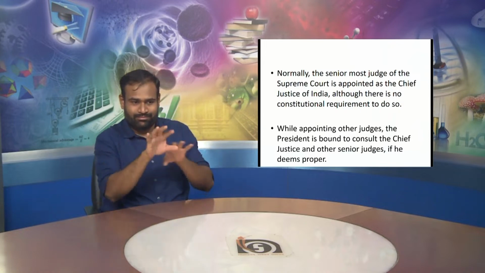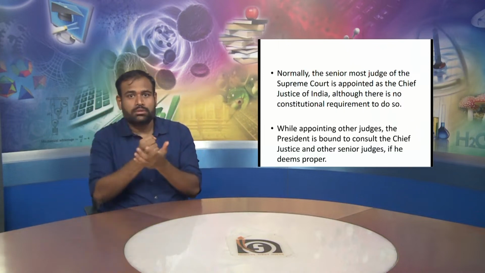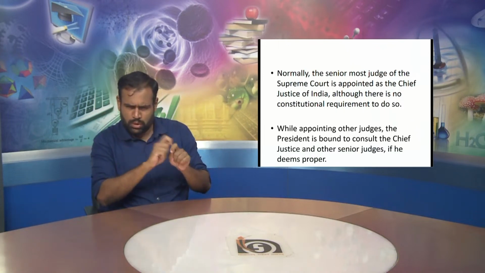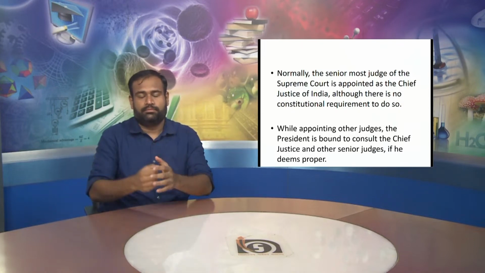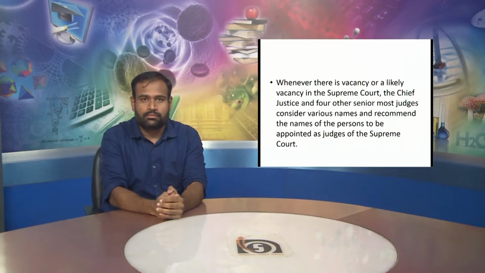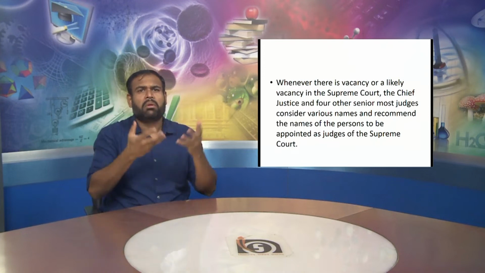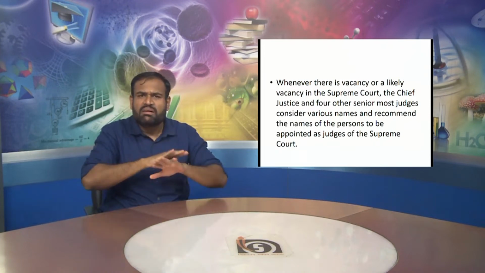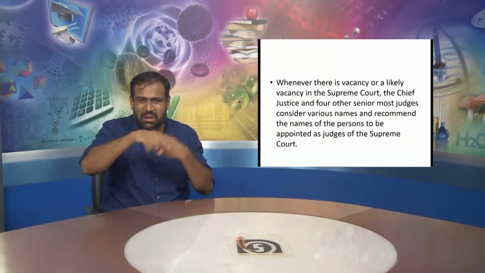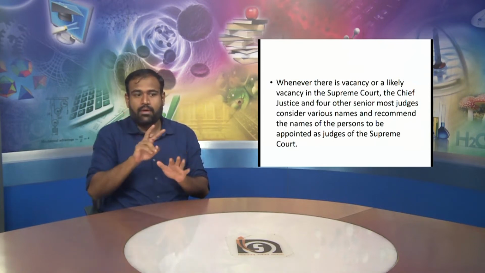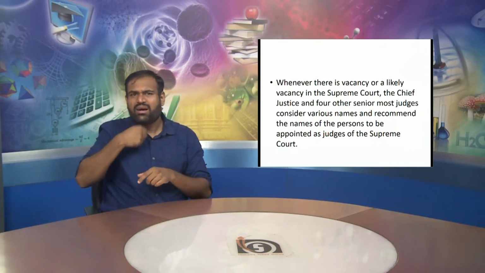While appointing other judges, the President is bound to consult the Chief Justice and other senior judges if he deems proper. Whenever there is a vacancy or a likely vacancy in the Supreme Court, the Chief Justice and 4 other senior-most judges consider various names and recommend the names of the person to be appointed as judges of the Supreme Court.